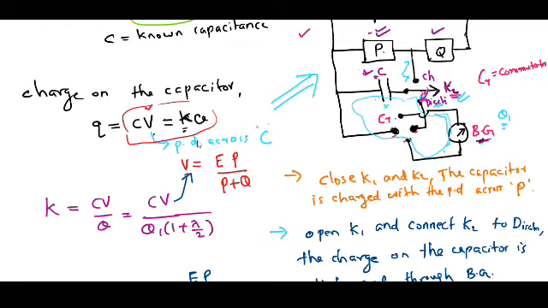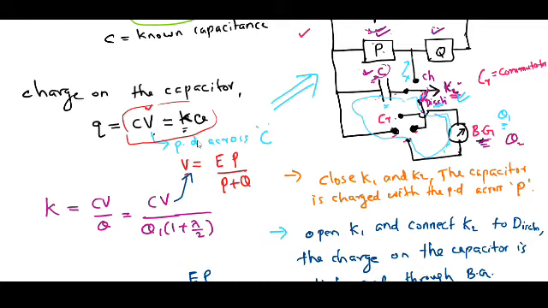If once again you change the combination of P and Q, then the potential difference across the C will be different. Then a different amount of charge will be stored in the capacitor. When connecting key K2 to the discharge knob, that charge will be discharged through this BG. Then another deflection theta 2 will be noted.